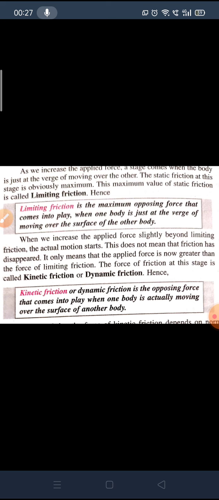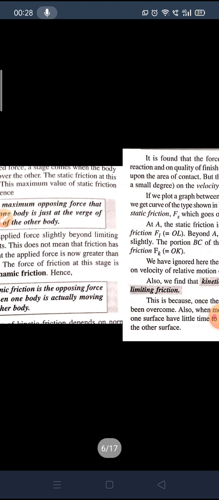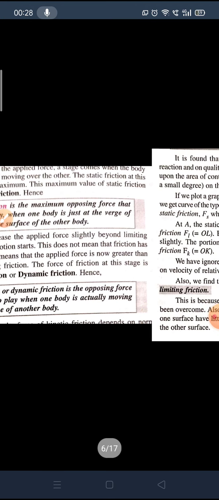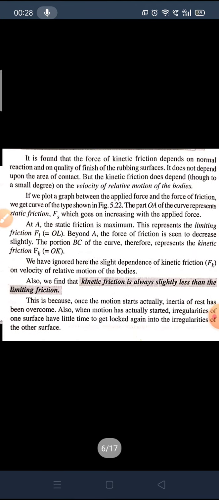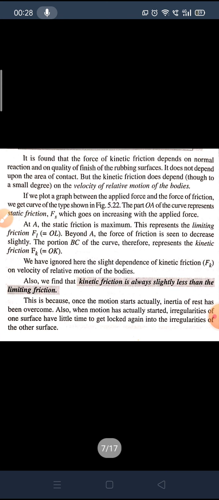We define it this way: the kinetic friction or dynamic friction is the opposing force that comes into play when one body is actually moving over the surface of another body.